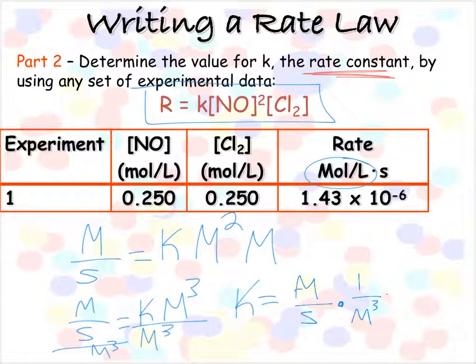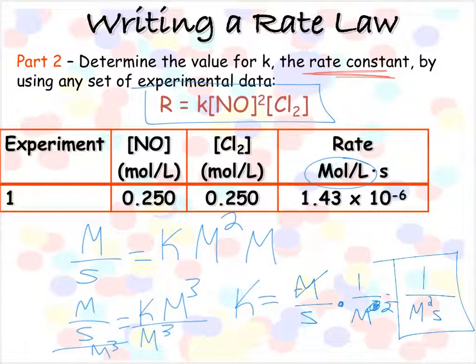So we got an M here and 3 there. This one will cancel out, and this one will cancel one of them and become a 2. So we'll have 1 over molarity squared seconds. That's your units for K.